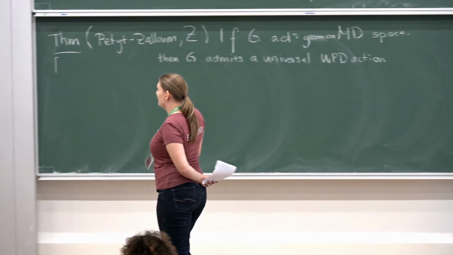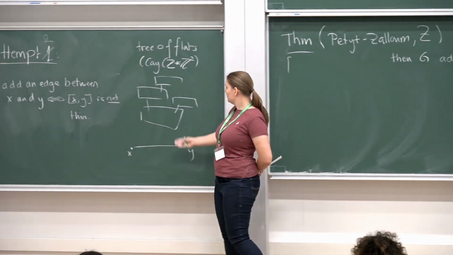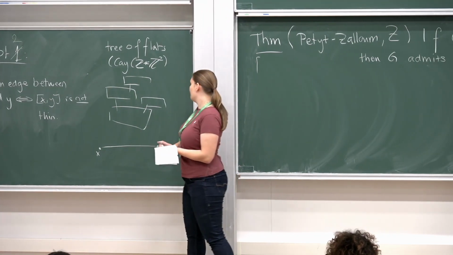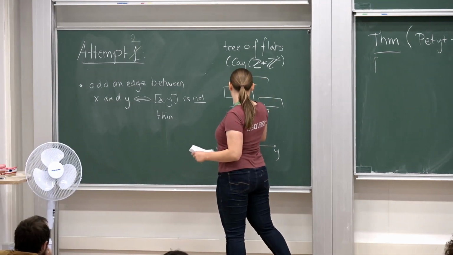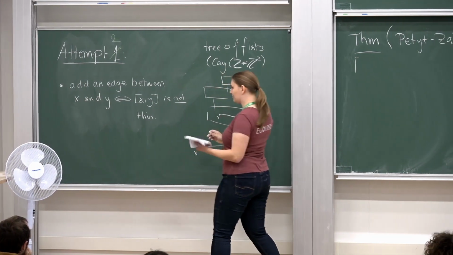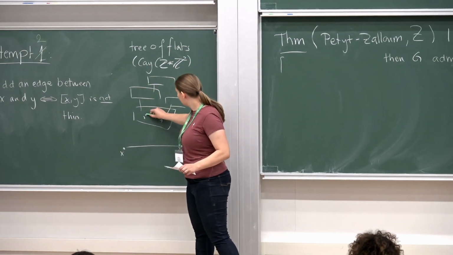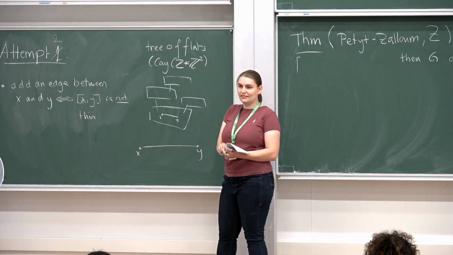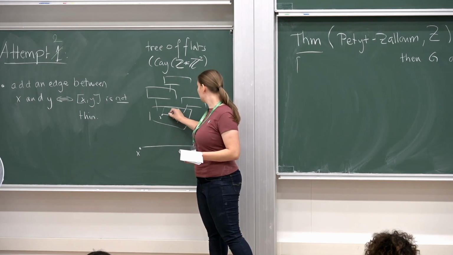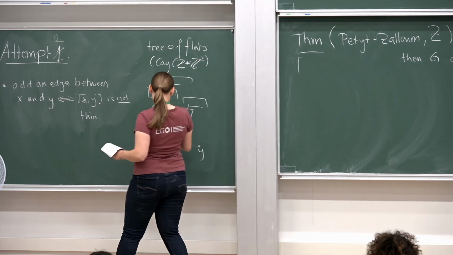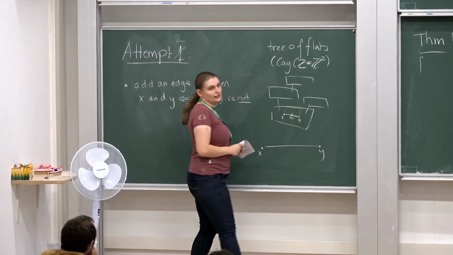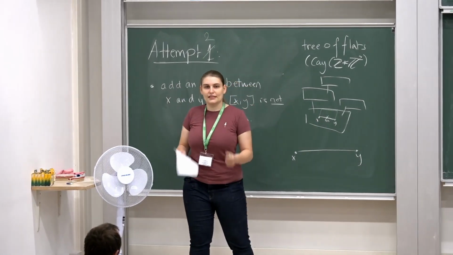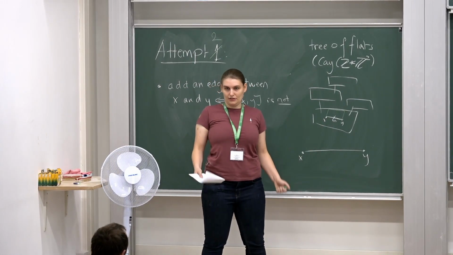So first we can try to think, what does it do to a flat? If you look at two points in a flat, then we can always just do such a triangle. That will be far away. So if we have any two points in the same flat, the geodesic between them is not thin.